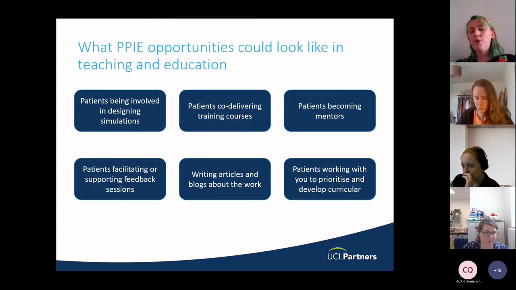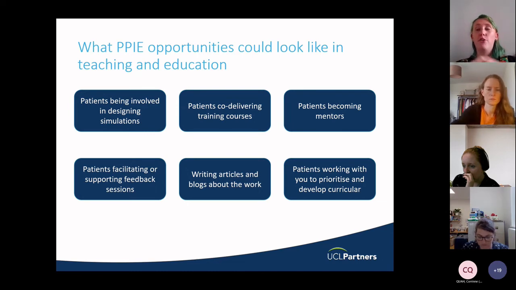So I have put together this slide to give a snapshot view of potential different ways patient and public involvement and engagement could look in teaching and education and in simulation. For those who joined us a couple of weeks ago, those were really amazing examples of the diversity of patient and public involvement in simulation.